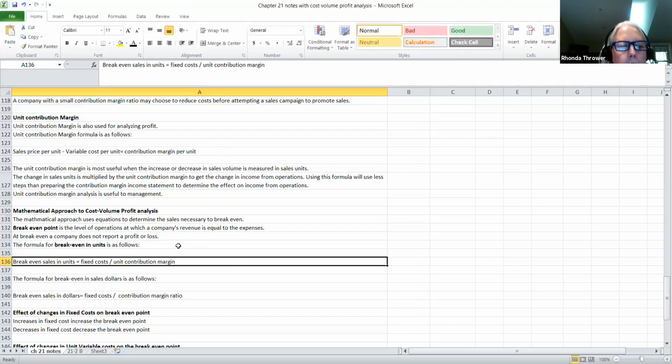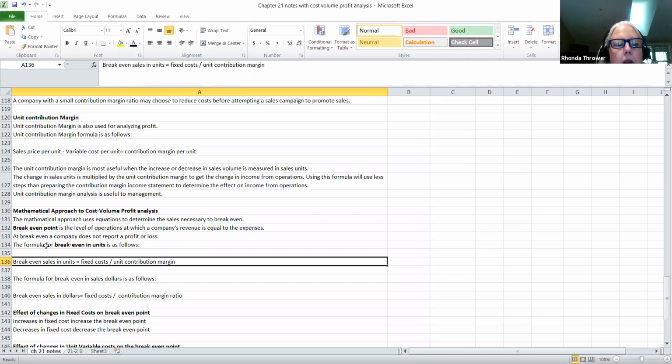There's a mathematical approach to using equations that will help us to determine the necessary sales to break even. And by break even, or the break even point, I mean the level of operations at which a company's revenue will be equal to its expenses. So there's a formula for break even that you need to become aware of.